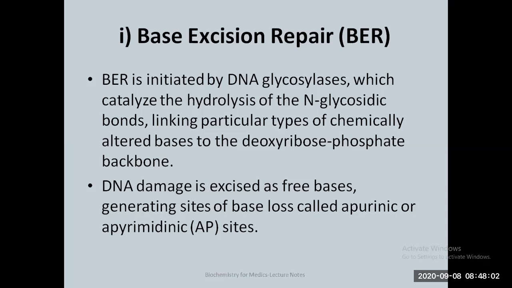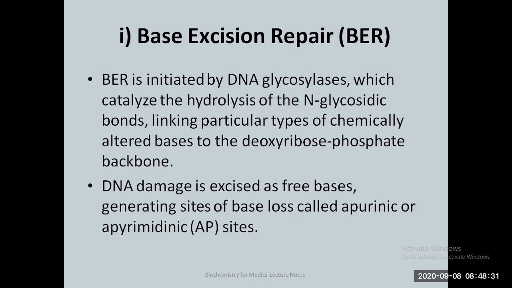Chemically altered bases means, for example, if thymine is changed to some other molecule, or if hypoxanthine is formed, then immediately the base excision repair will come and repair that molecule, and altered bases will be corrected.